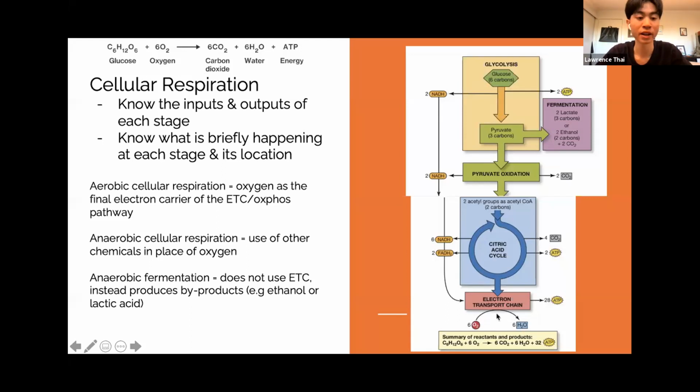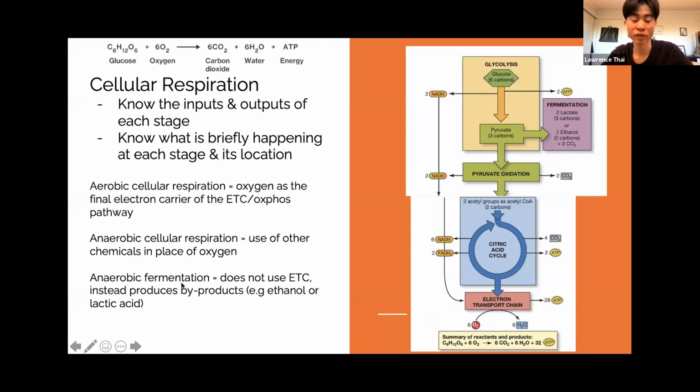Anaerobic cellular respiration also goes to the Krebs cycle, but instead of oxygen, there are some bacteria that use other kinds of chemicals, like sulfur and other weird chemicals.